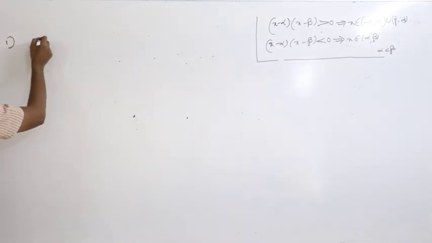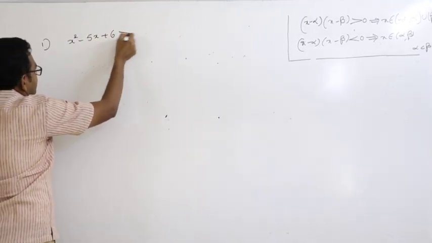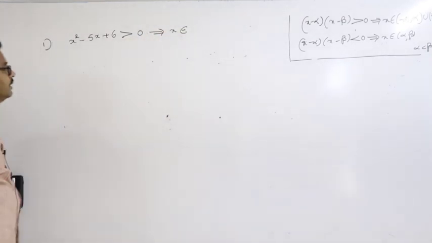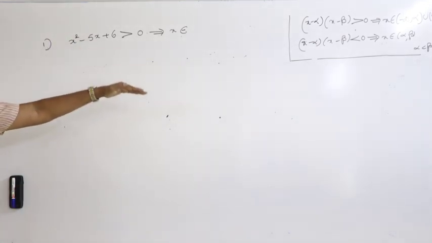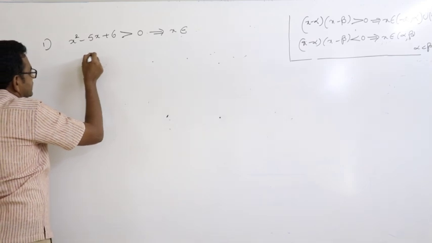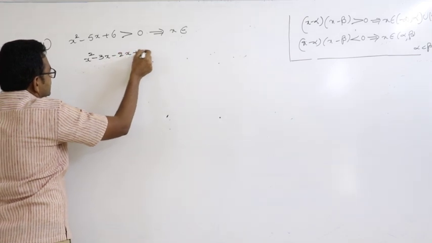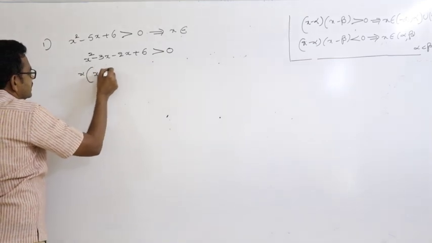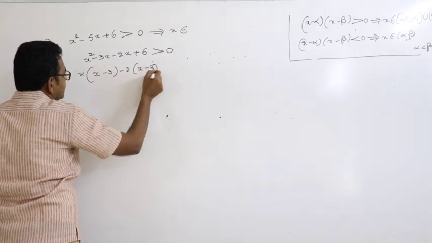First one, x square minus 5x plus 6 is greater than 0 implies x belongs to. For what values of x is the expression positive? Now write the factors. First of all, x square minus 3x minus 2x plus 6 is greater than 0. x common, x minus 3, minus 2 common, x minus 3.